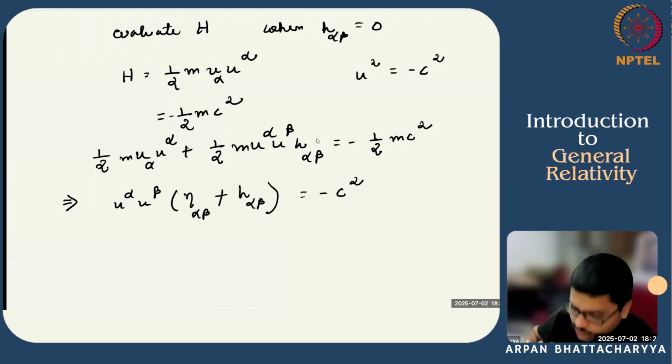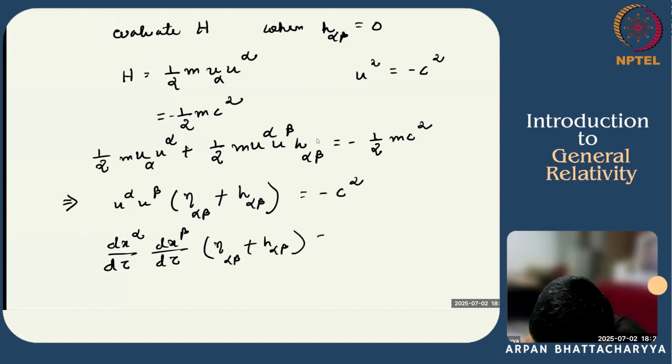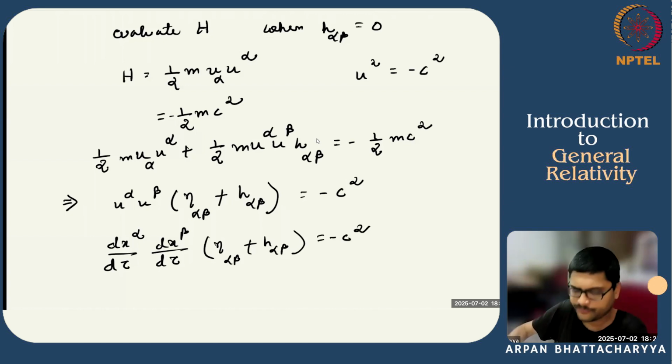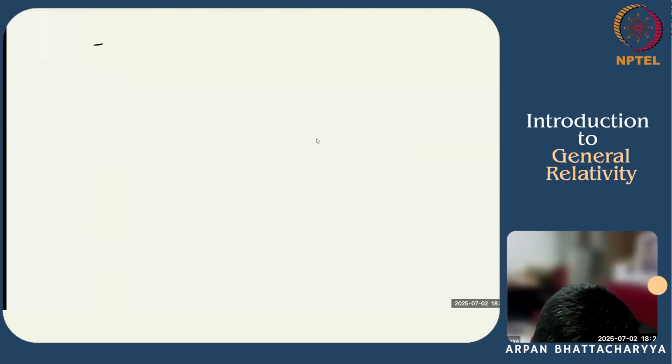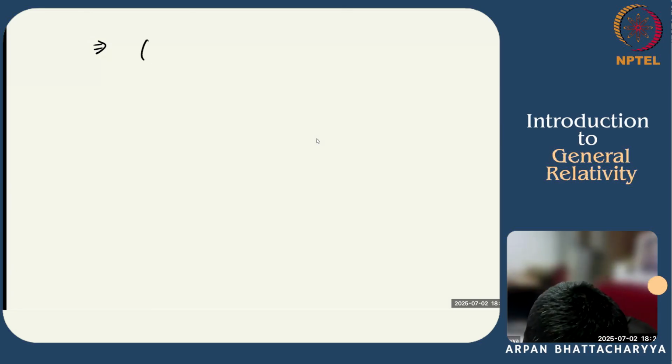So now what is u alpha? u alpha is dx alpha by d tau, u beta is dx beta by d tau, eta alpha beta plus h alpha beta, minus c square. Now from this we get, by taking the coordinate differentials and d tau squared to the other side, the following expression.